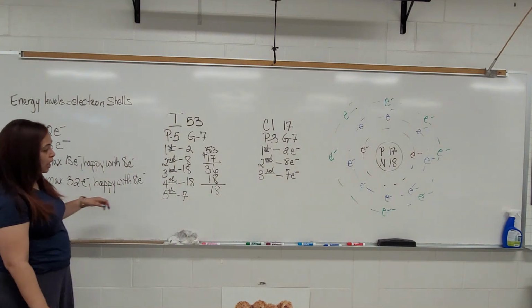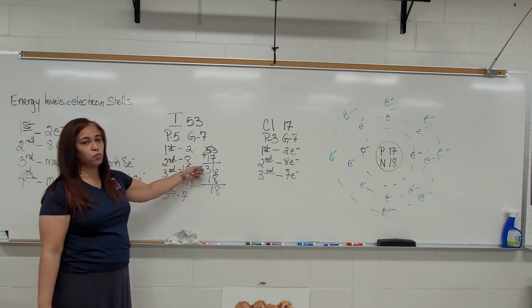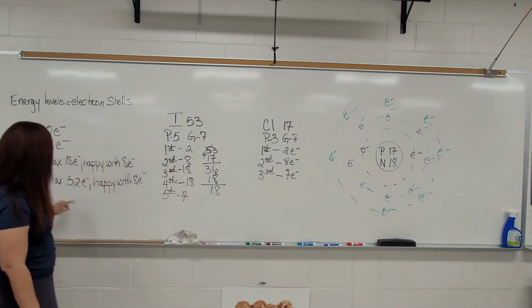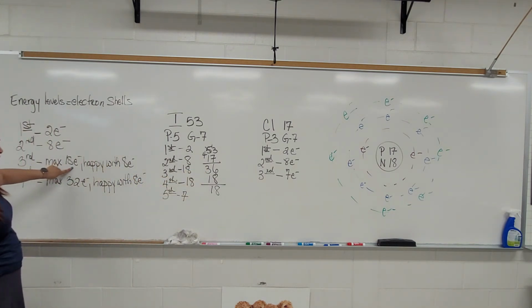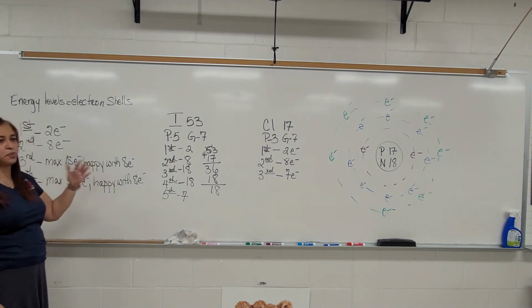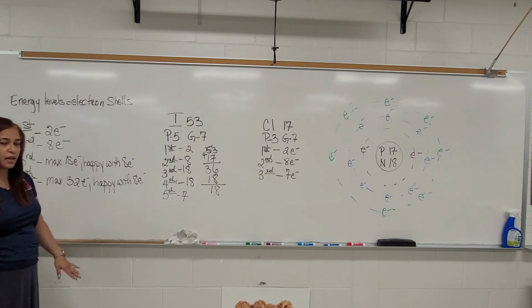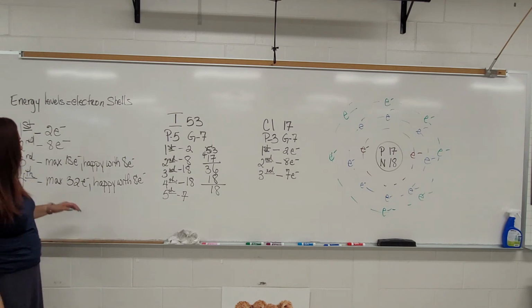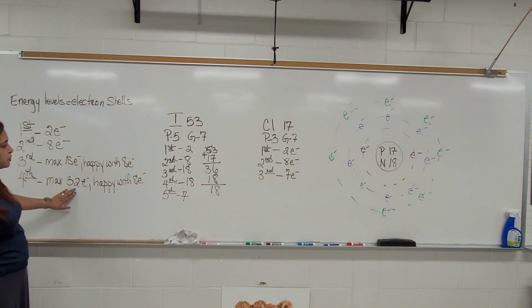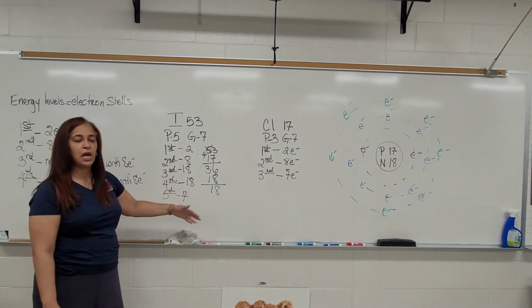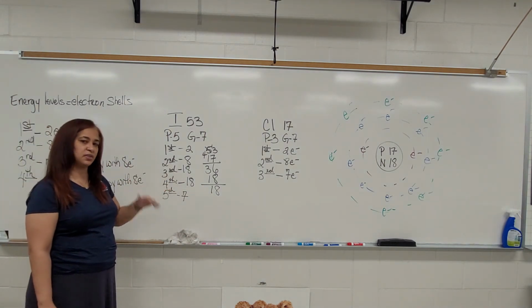So I looked at this and I said, well, the maximum number that I can have in the 3rd shell is 18. If we were looking at the 4th shell, so if we were looking at a heavier element that had more electrons, we would see if 32 fit. And if it fit, then we would go ahead and deduct the difference.